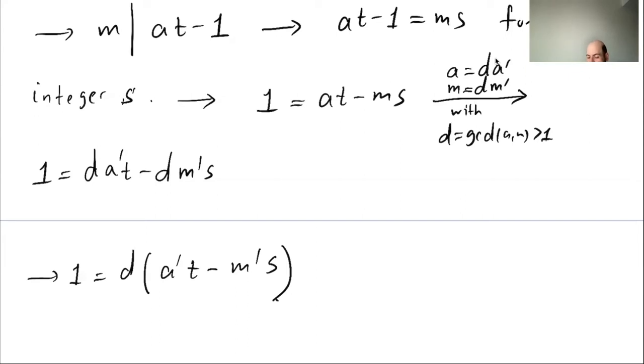And this means D divides 1, and this is a contradiction. We wrote 1 as D times some other integer, right? So that means D is a factor of 1. But the only positive factor of 1 is 1 itself, but D was bigger than 1.